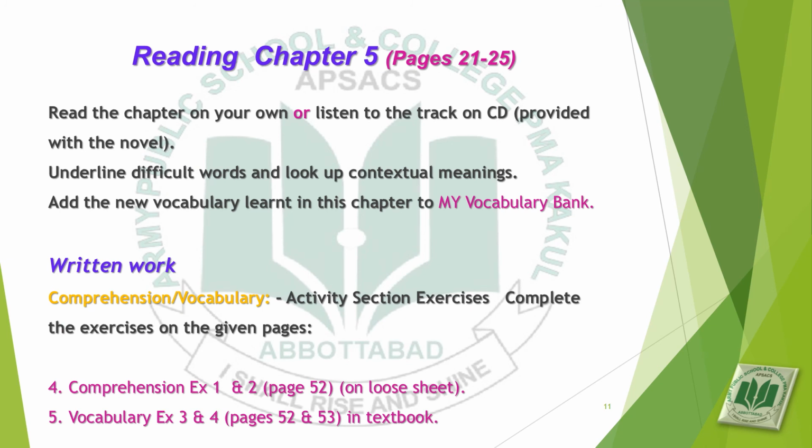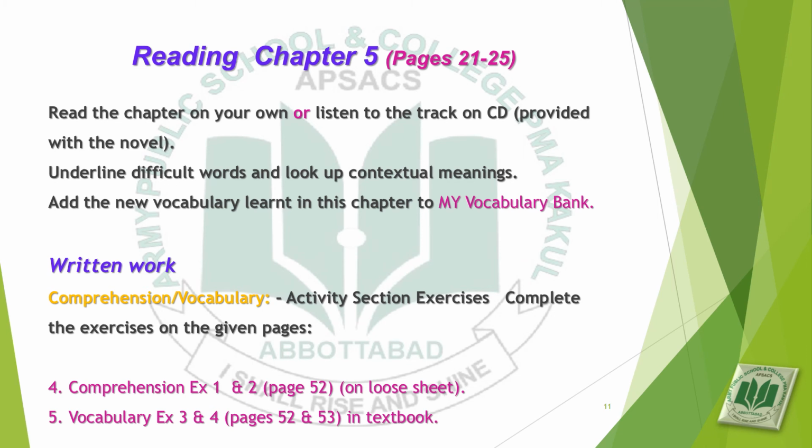Students, you have to go to page 21 to 25 for reading chapter 5. So read the chapter on your own or listen to the track on CD provided with the novel. Then underline difficult words and look up their contextual meanings. Add the new vocabulary learned in this chapter to my vocabulary bank.